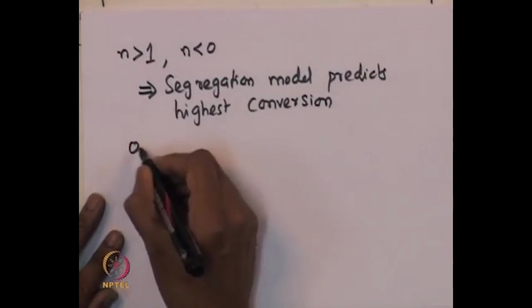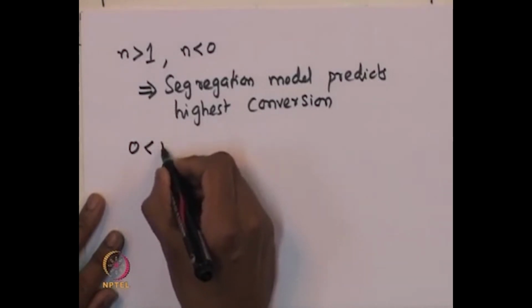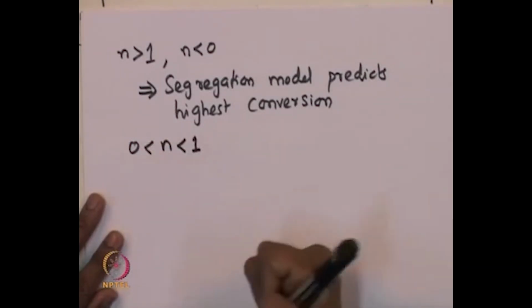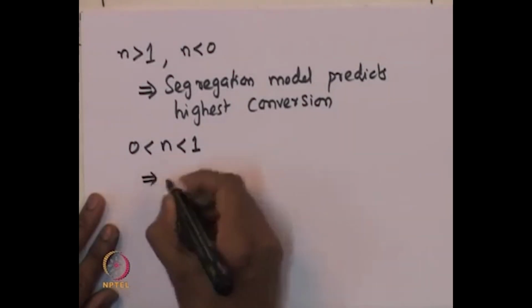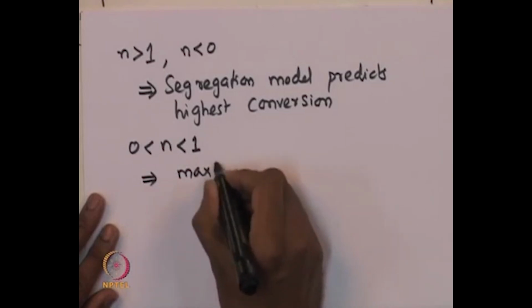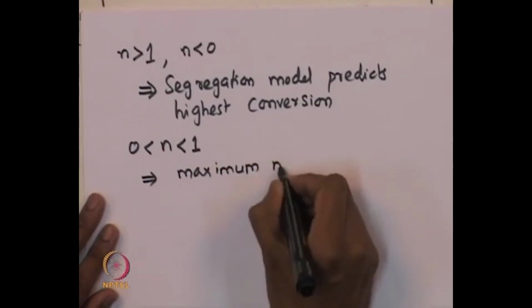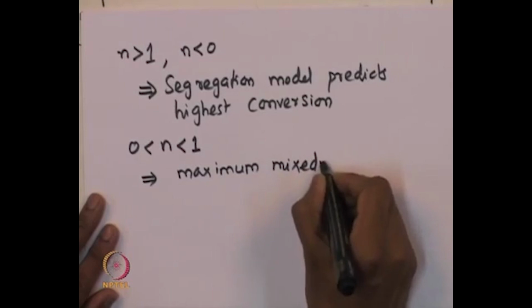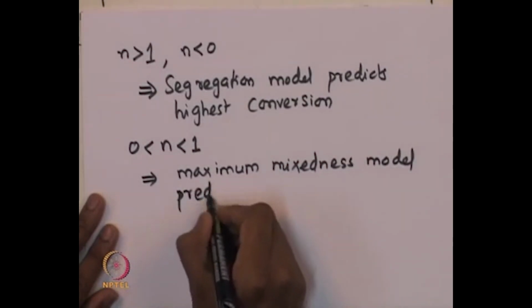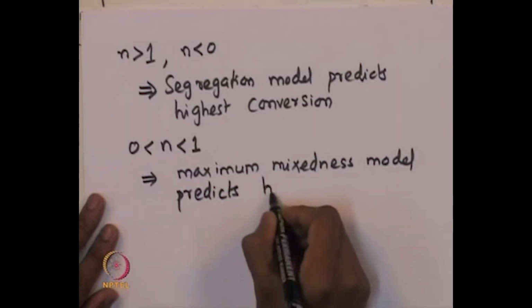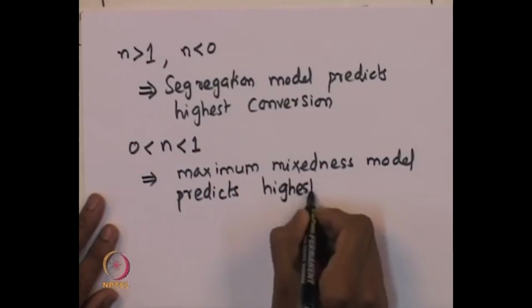On the other hand, for reaction orders between 0 and 1, that is, partial fractional order reactions, it turns out that the maximum mixedness model predicts the highest conversion.